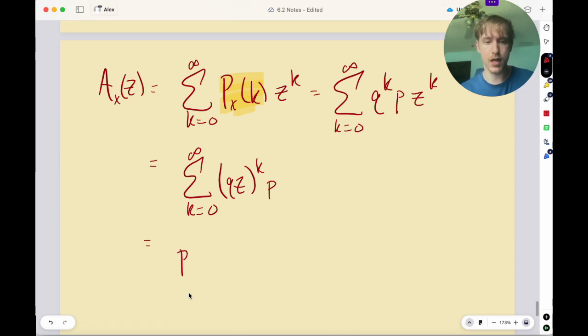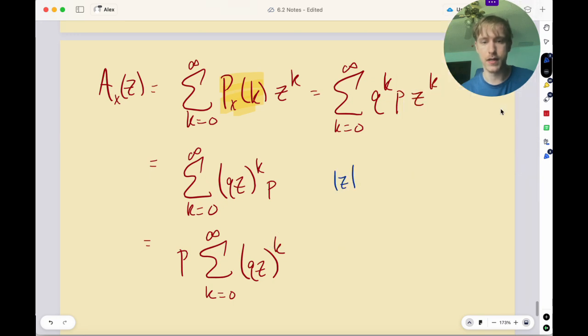And the second thing that I'm going to do is I'm going to realize that in order for this to work, I need the magnitude of z to be less than or equal to 1. And then if the magnitude of z is less than or equal to 1, q is the probability of failure, which is 1 minus the probability of success, and that's almost never equal to 1.